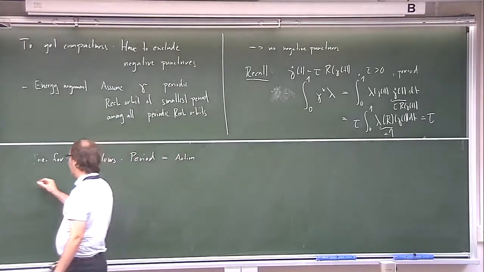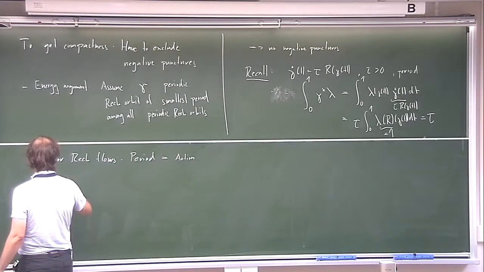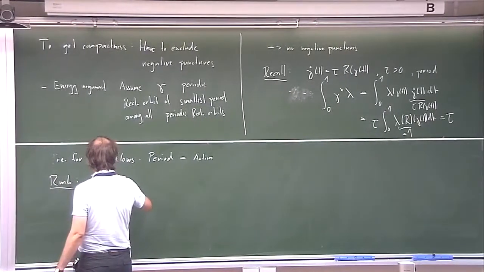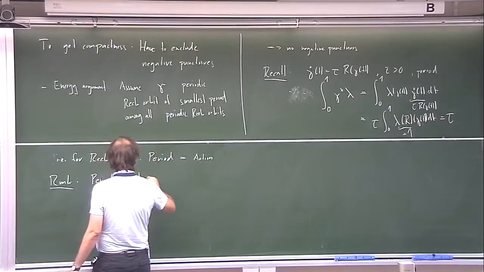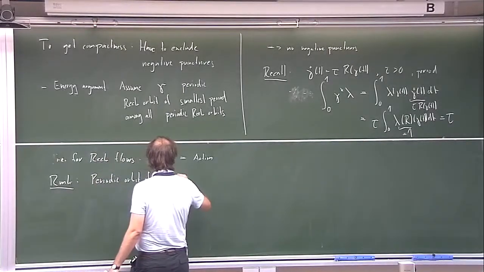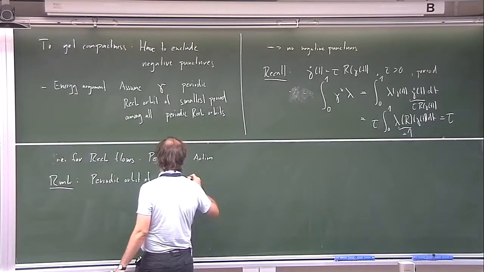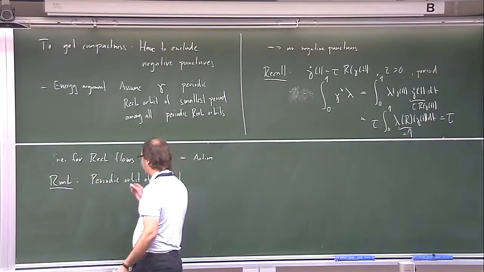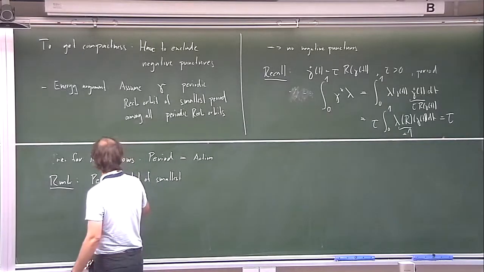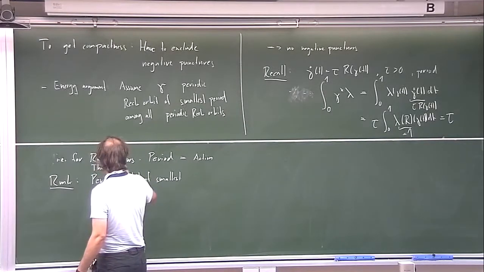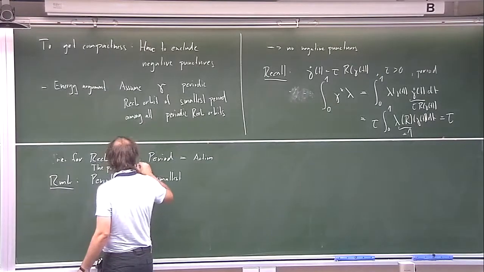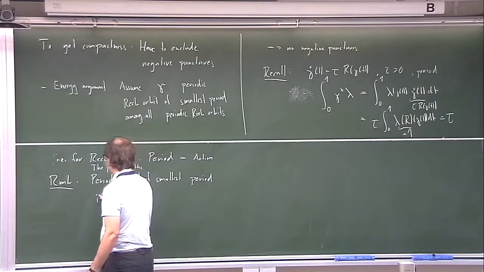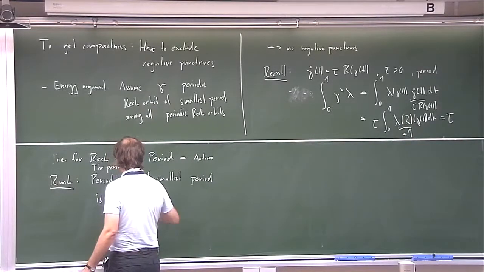So I mark: the period of the periodic orbit of smallest period is called systole.